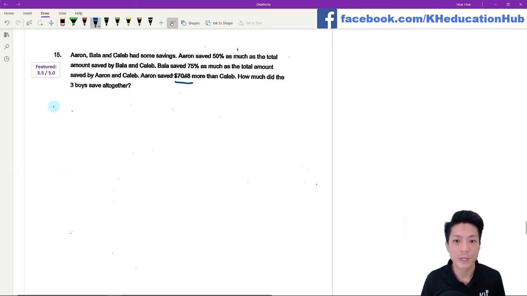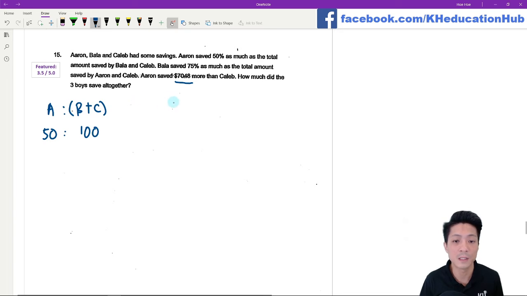We're going to write down the ratio. So Aaron saved 50% as much as the total amount saved by Bala and Colette. So which means that A is to B plus C would be 50 is to 100.